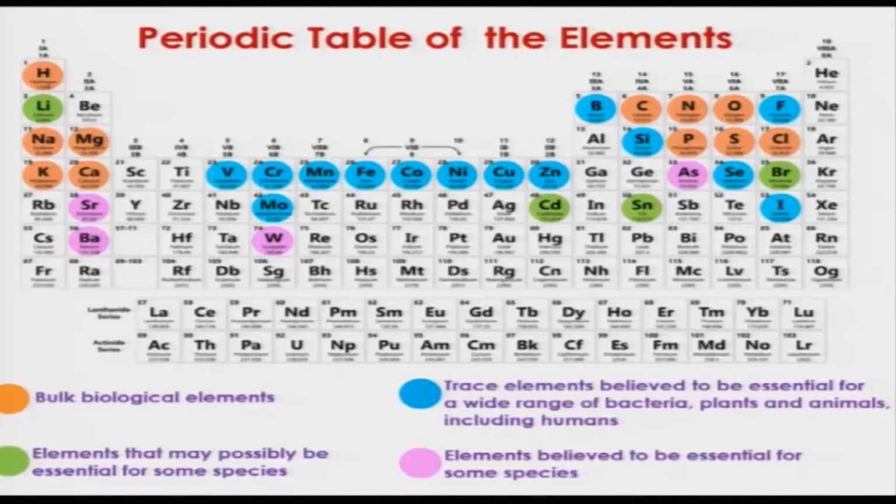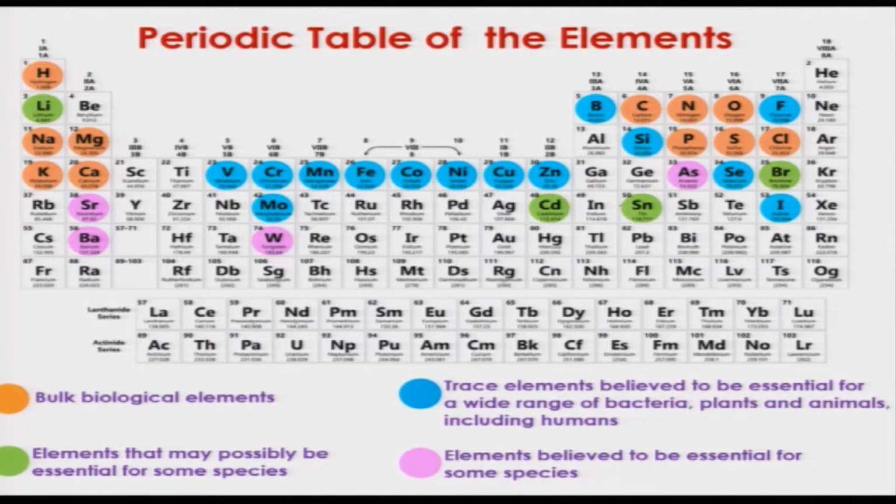I will now take a joyride to highlight the importance of inorganic elements in medicines in this short course of bioinorganic chemistry. This is the periodic table of elements. As you can see, bulk biological elements are highlighted in brown, and the blue ones, vanadium, chromium, manganese, iron, are all trace elements believed to be essential for a wide range of bacteria, plants and animals including humans.